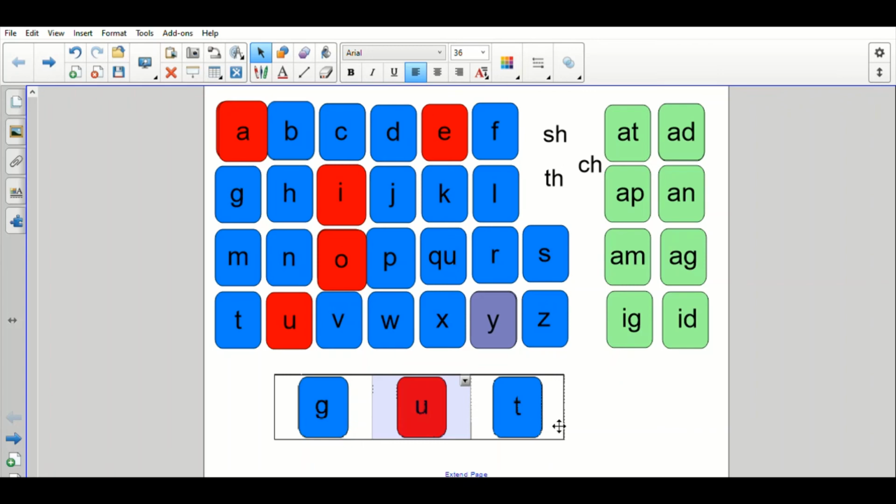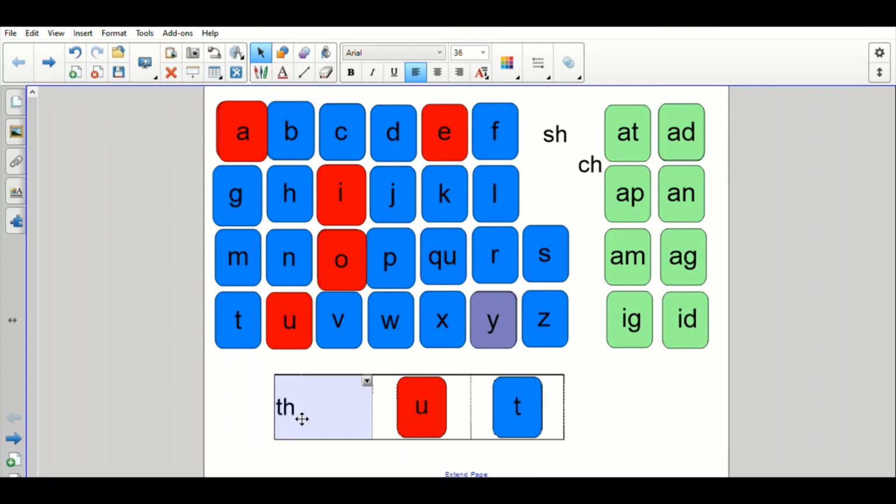Now we're going to change the G in gut to th. Go ahead, erase and write down the new sound. Okay, so we are changing the G in gut to th, so I'm taking away the G and I'm putting the th.